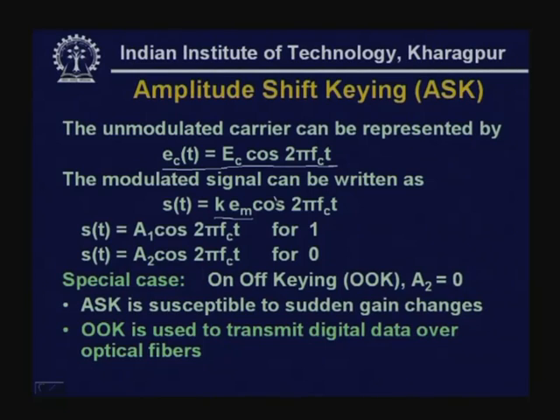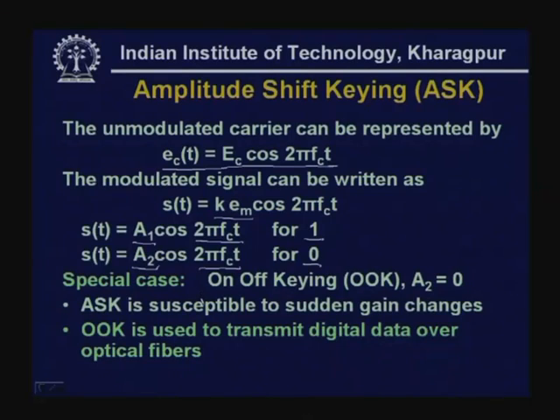Now, since the modulating signal can be either 0 or 1, this amplitude in one case is A1, in the other case is A2, and as you can see here, the carrier frequencies are same, fc. So, without changing the frequency, we are simply changing the amplitude of these 2 signals. For 1, we are sending one amplitude, for 0, we are sending another amplitude.